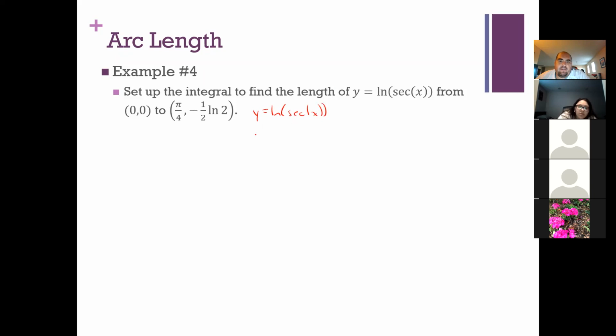We start trying to invert this, we'll get e to the y equals secant x. And then x equals inverse secant of e to the y.